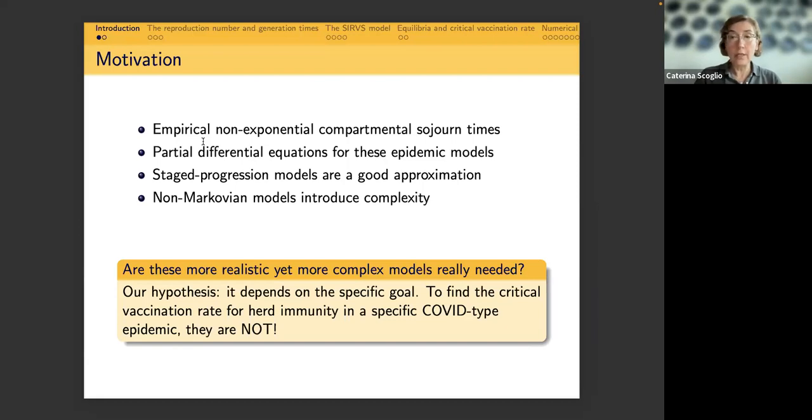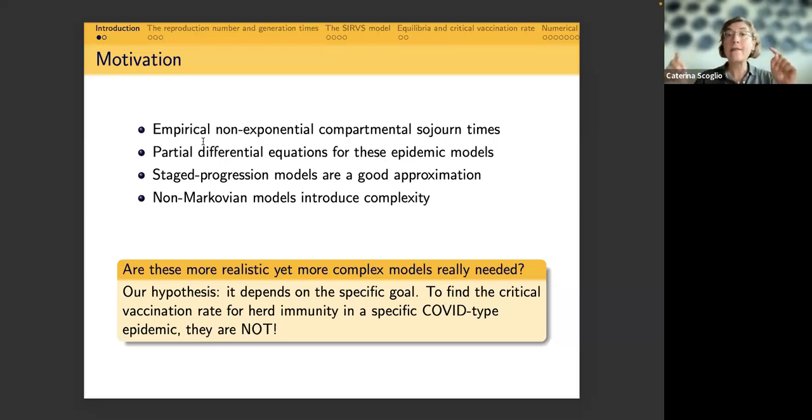I'll show one. It is possible to simplify them through stage progression models where each compartment, for example, the infected compartment, is divided into a series of Markovian compartments, like the infected compartment will become infected 1, infected 2, infected 3, infected 4.